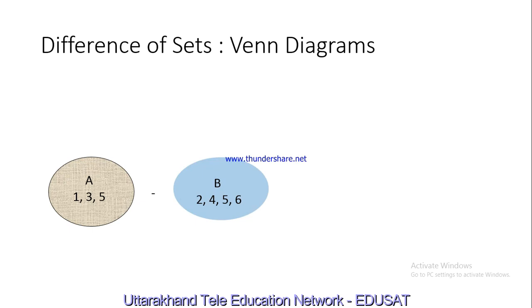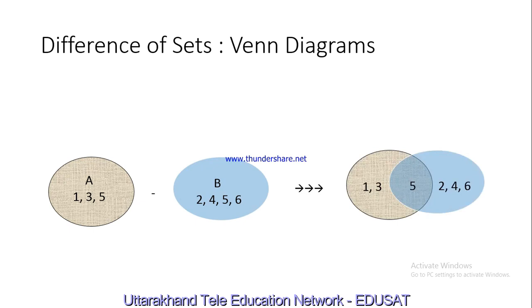Now how do we represent it diagrammatically? So A minus B we have written. Have a look at the picture at the right extreme. Now we are showing the elements 1, 3, 5 basically in A, out of which 5 is overlapping with 5 of set B. Likewise set B has got 2, 4, 6 and 5.